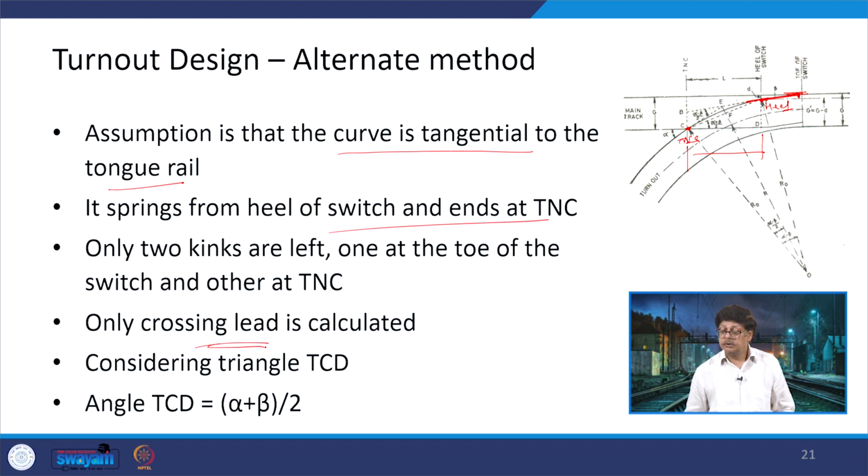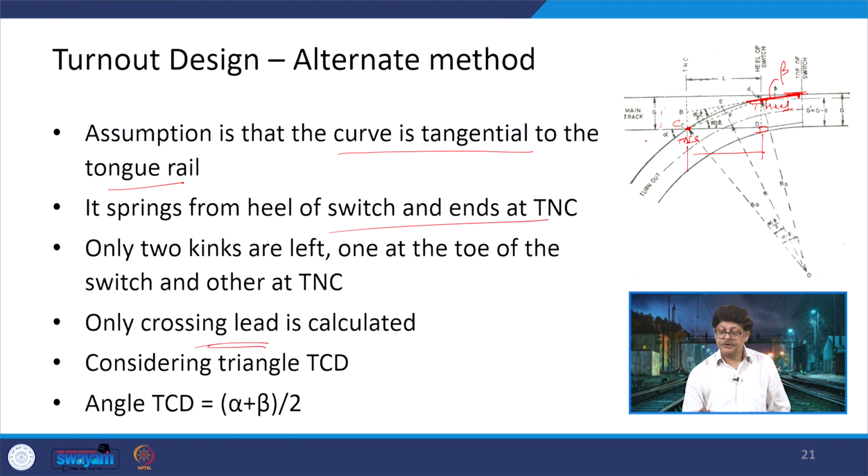Now, when we have to find out this particular lead, this distance is already known to us, this is G. So, let us talk about a triangle which is T, C and D. This is T, this is C and this is D. If we are considering this triangle, the total angle is alpha and the switch angle is beta. Here this is the switch angle beta.